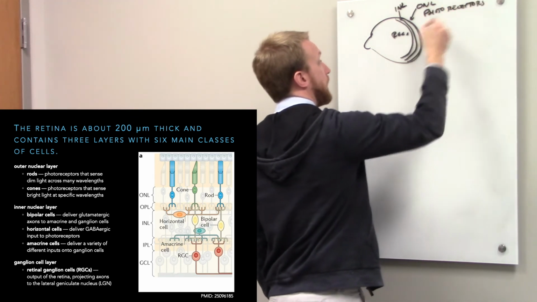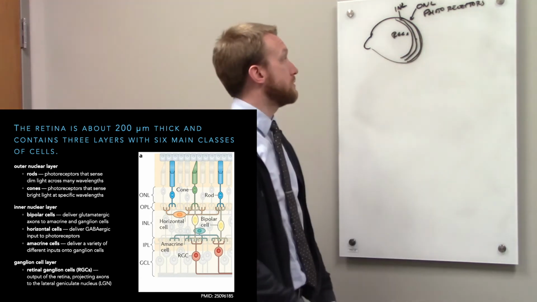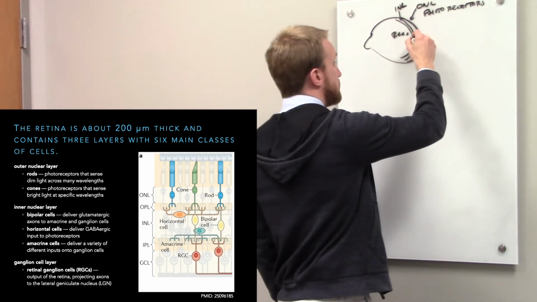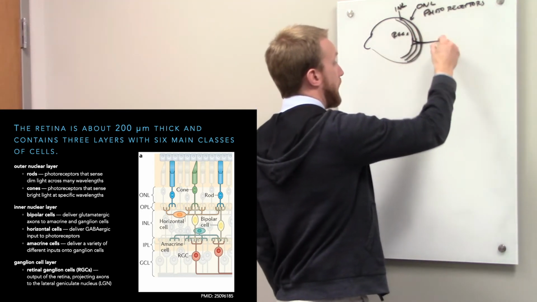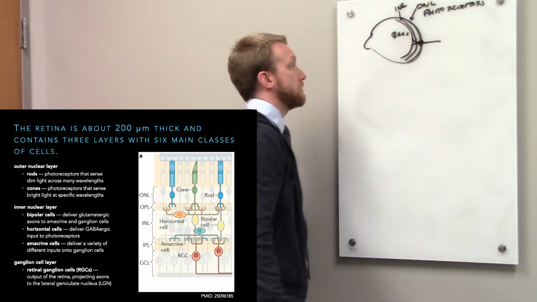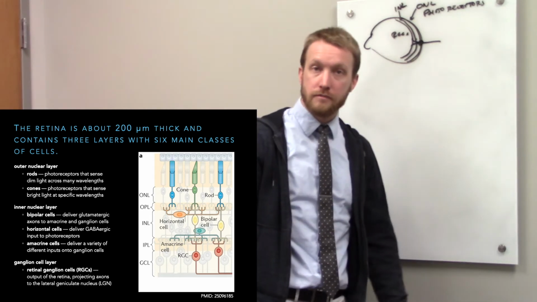So light has to pass through these 2 layers here before it hits the outer nuclear layer. This inverted arrangement also means that the axons from our retinal ganglion cell are going to pierce a component of the outer nuclear layer. Thus it will be devoid of photoreceptors, and we will have a blind spot.